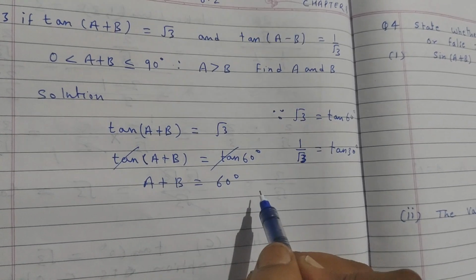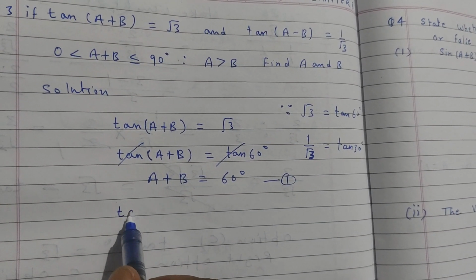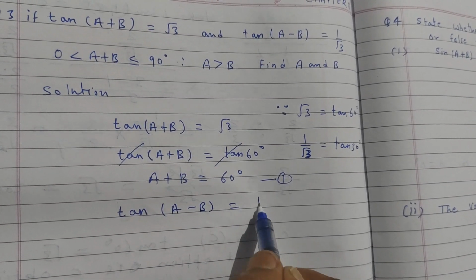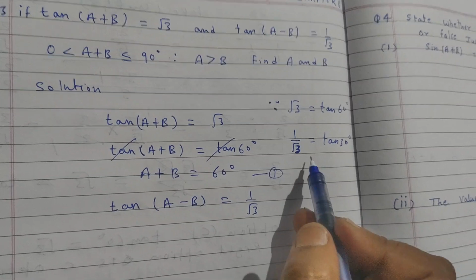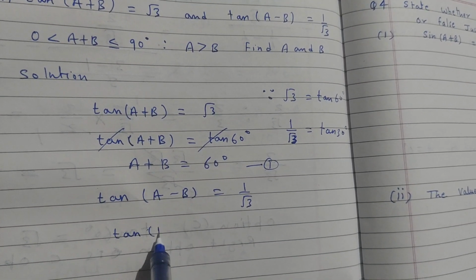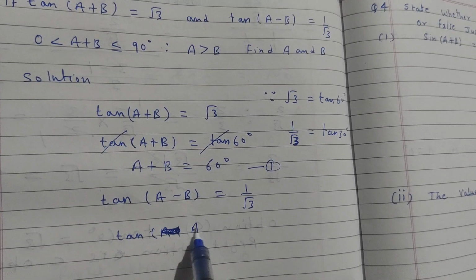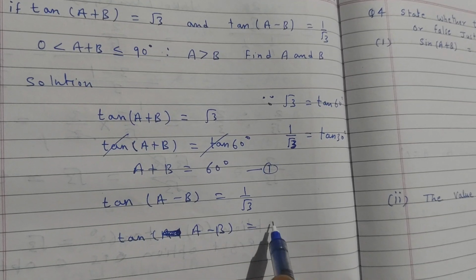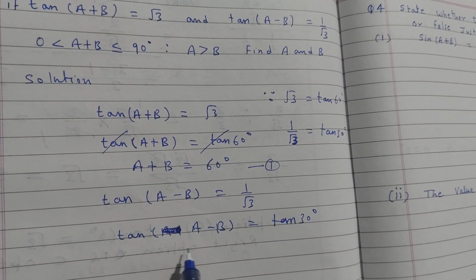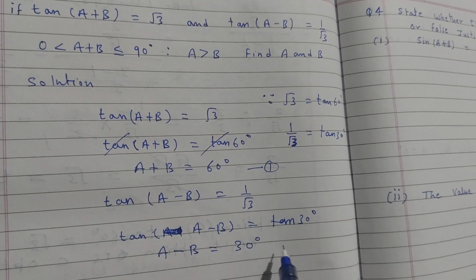Again, equation first, tan(A−B) which is equal to 1 by root 3, and which is tan 30. So tan(A−B) is equal to tan 30 degrees, so A−B is equal to 30 degrees.